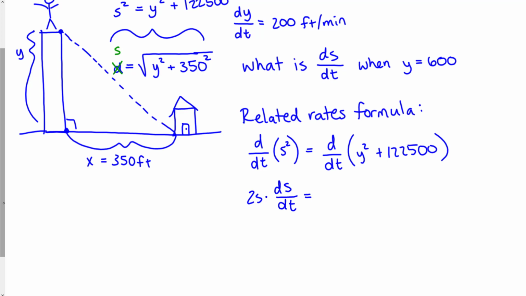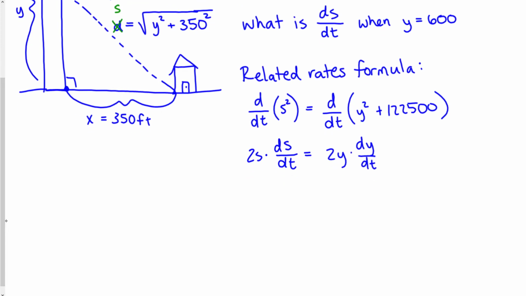I'm going to have 2y, because the derivative of y squared plus 122,500, that number is a constant. It goes to 0. So the derivative is just 2y, but then we multiply by dy dt, the derivative of the inside part. Now at this point, it doesn't make a whole lot of difference which of these you solve this for.